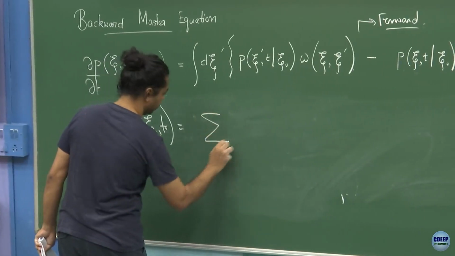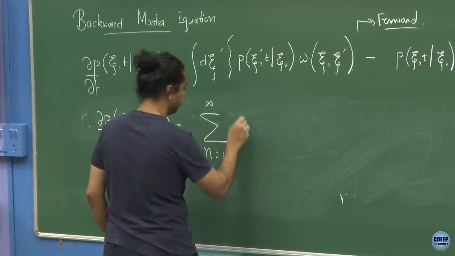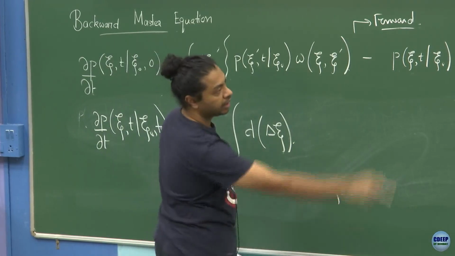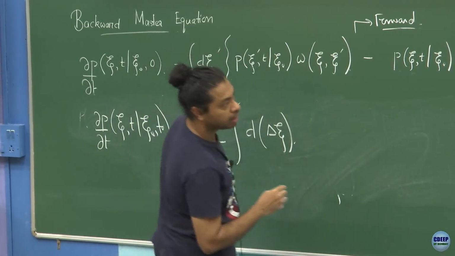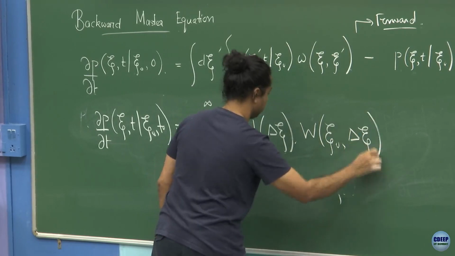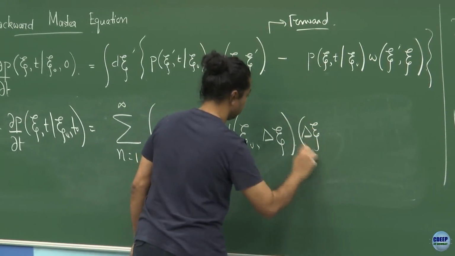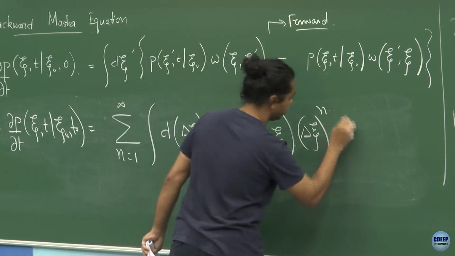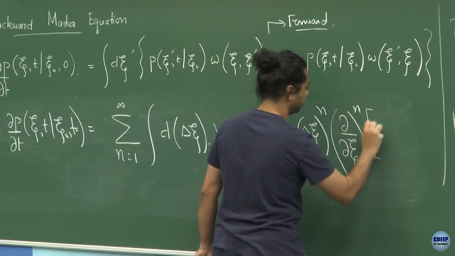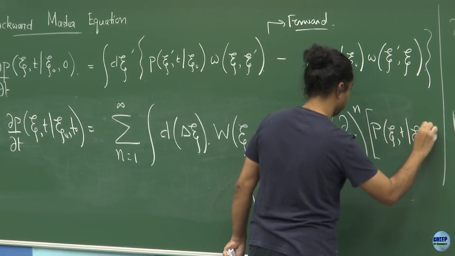So, a summation of n equal to 1 to infinity, I have an integral over d delta ξ, I have that thing which is whatever w of ξ₀, delta ξ, and then I have a delta ξ to the power of n, and then ∂ξ₀ to the power of n of this probability P(ξ, t | ξ₀, t₀).